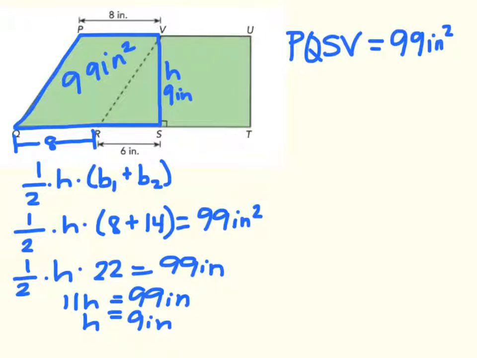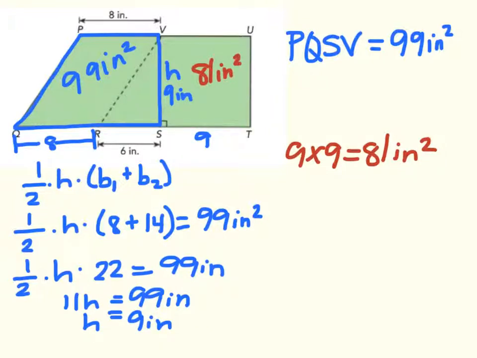All right, now let's find the area of square STUV. So if the height is 9 inches and we know it's a square, then this length must also be 9 inches. So the area of our square is 9 times 9 equals 81 inches squared. Let's add that here.